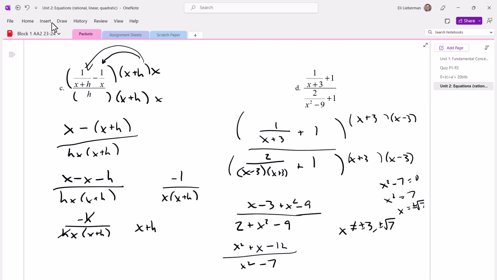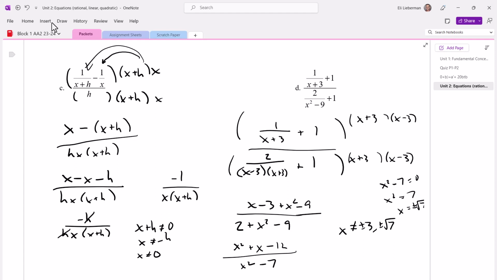So x plus h, let's start with this. This can't equal 0. In other words, x can't equal negative h. And x can't equal zero. Right? No denominator should ever equal 0.